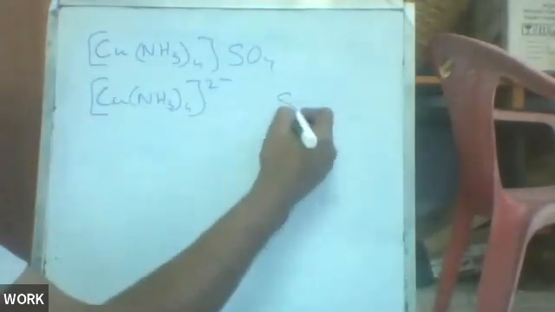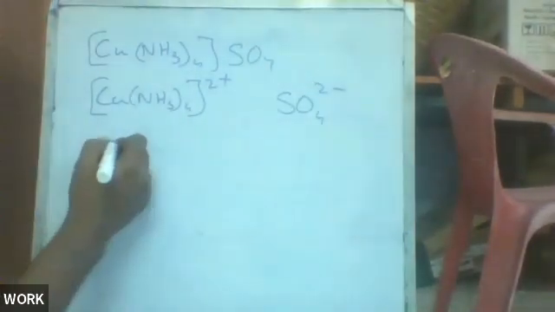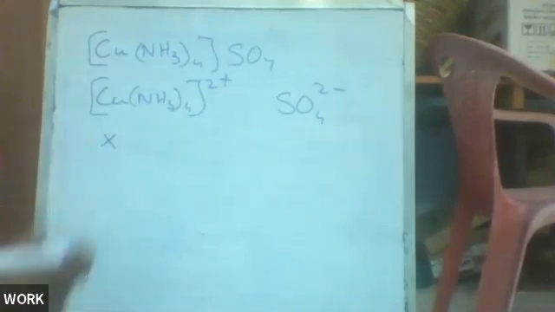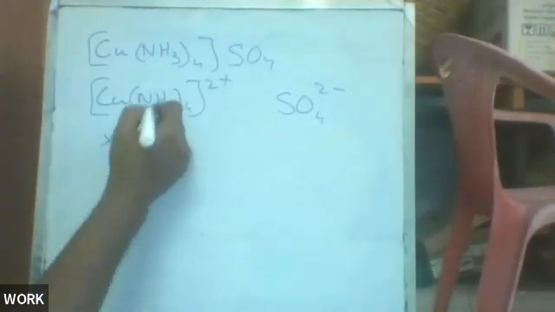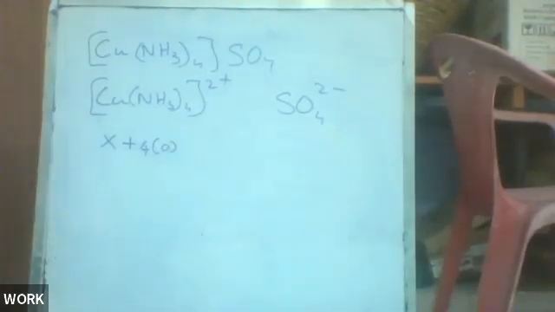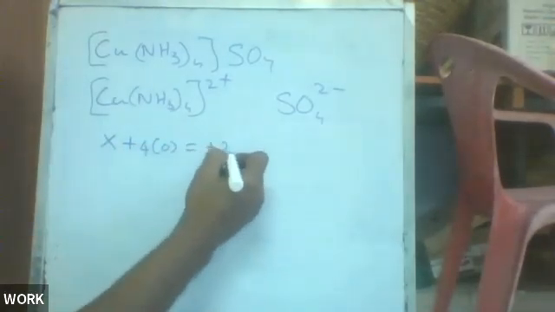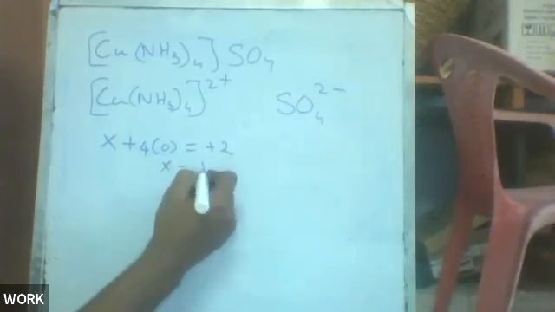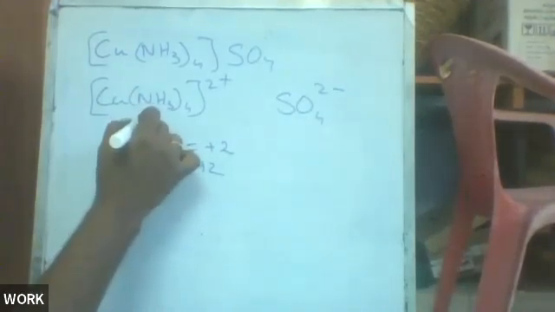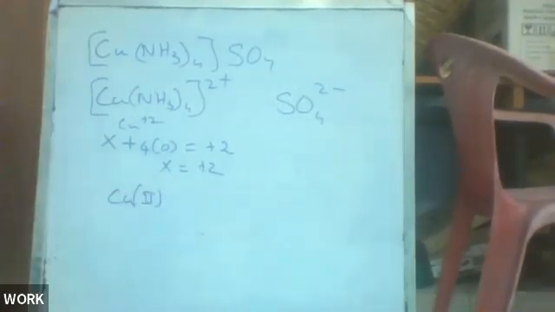So we are going to find the copper: X plus 4 ligands. NH3 is a neutral ligand, and a neutral ligand doesn't contribute, meaning it doesn't carry any charge, so you put 0. That equals plus 2. So X plus 4 into 0 equals plus 2, and X equals plus 2. So the oxidation state of copper is plus 2, or we can say Cu(II). Is it clear? Is it correct?